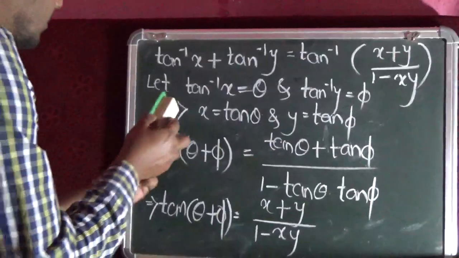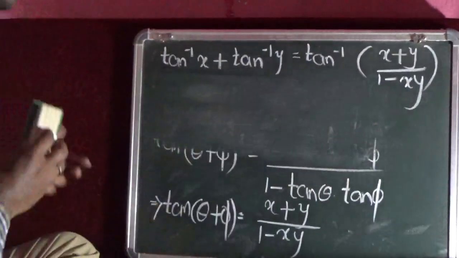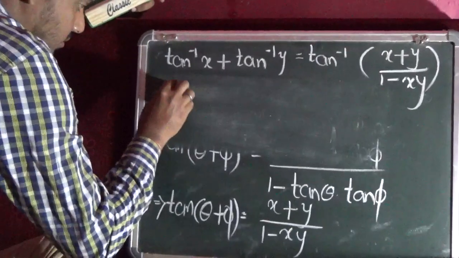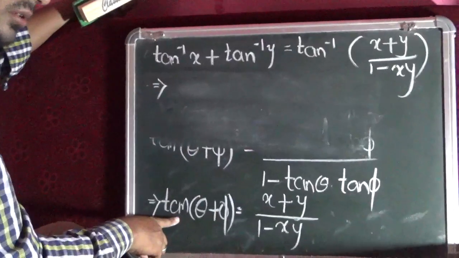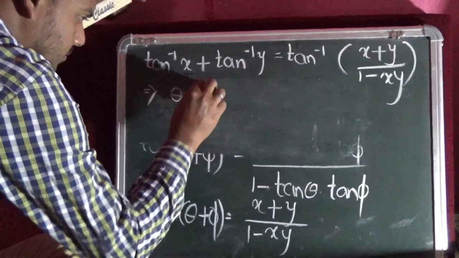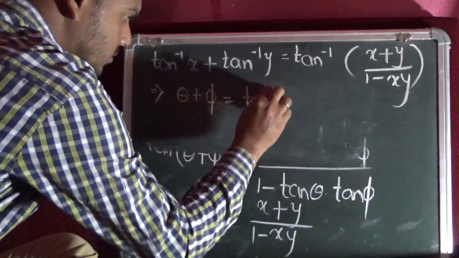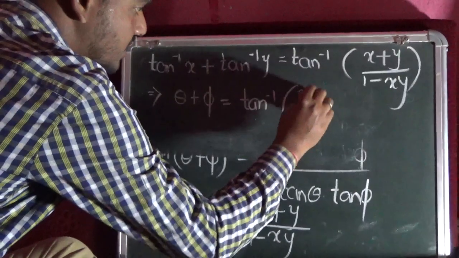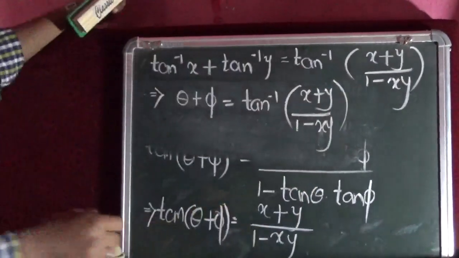Then, if I take the inverse on both sides, tan inverse and tan cancel and we get theta plus phi equal to tan inverse of (x plus y) by (1 minus xy).